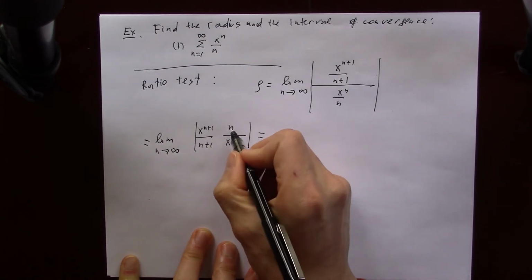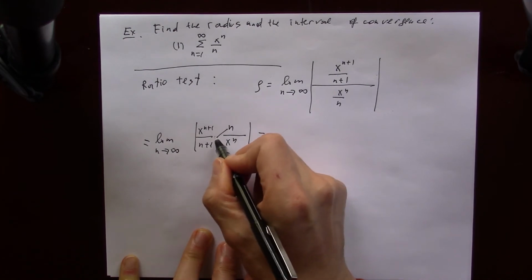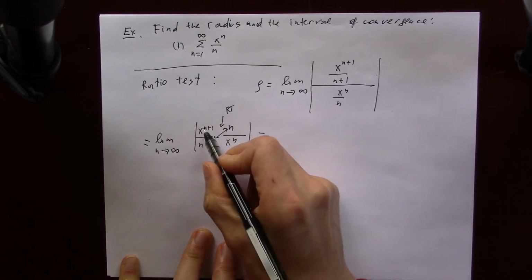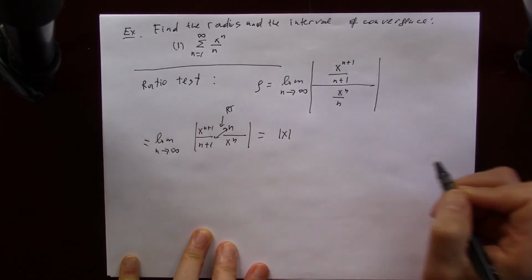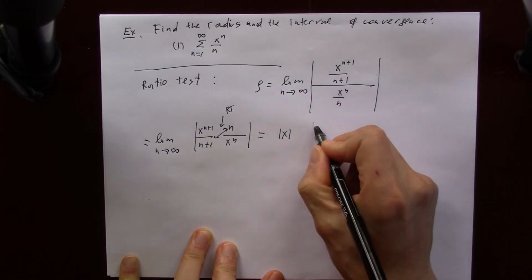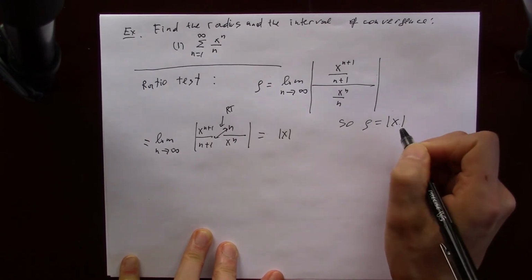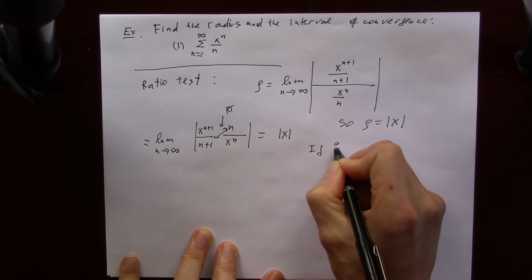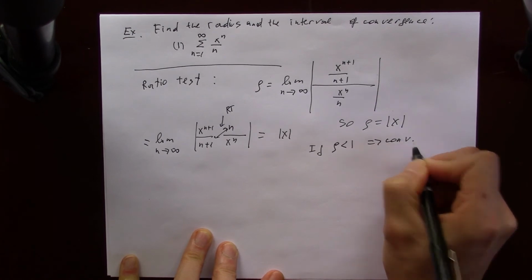equals, by the rule of thumb for n and n plus 1, you're going to get 1, and x to the n plus 1 over x to the n is x. And don't forget the absolute value, so rho equals the absolute value of x. Now if rho is less than 1, it's going to be convergent.